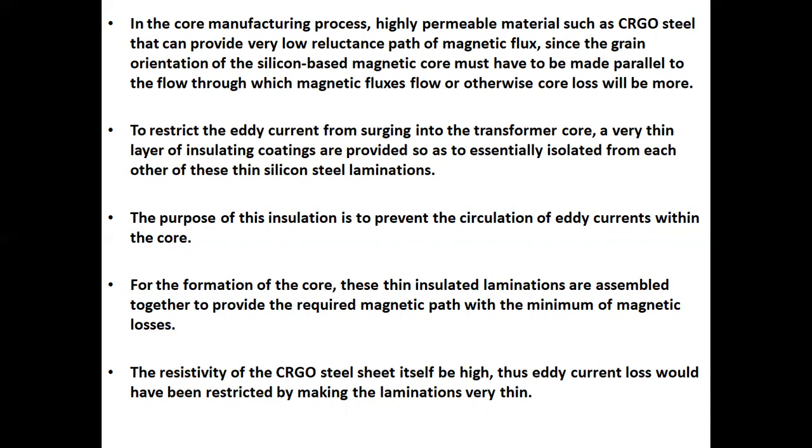For the formation of the core, these thin insulated laminations are assembled together to provide the required magnetic path with the minimum of magnetic losses. The resistivity of the CRGO steel sheet itself is high, and eddy current loss is further restricted by making the laminations very thin.